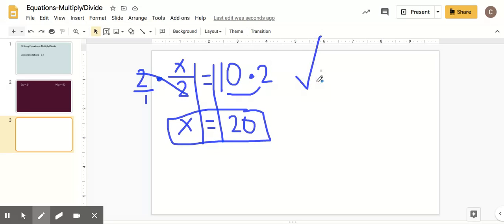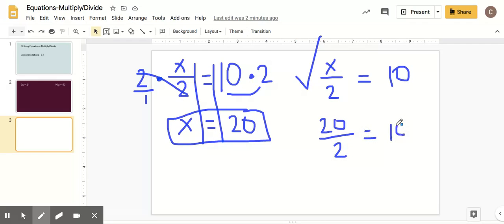But we're going to check our work. So rewriting, we have x over 2 equal 10. We said that x equaled 20, so we're going to take away the x and put 20. And so now it's a division check. So 2 goes into 20 how many times? 2 goes into 2 once, which is 2.